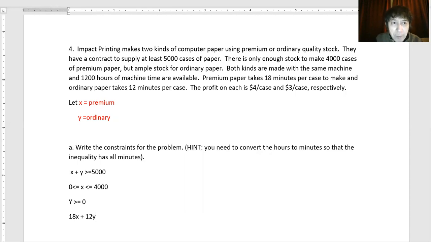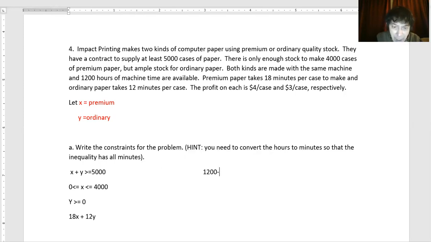And so we will have to convert 1,200 hours to minutes. To convert this, we will have to multiply this by 60, because there are 60 minutes per 1 hour. Let me write it somewhere here.